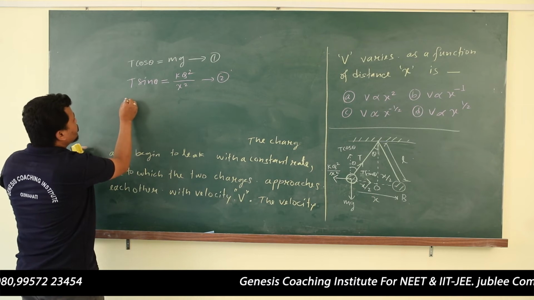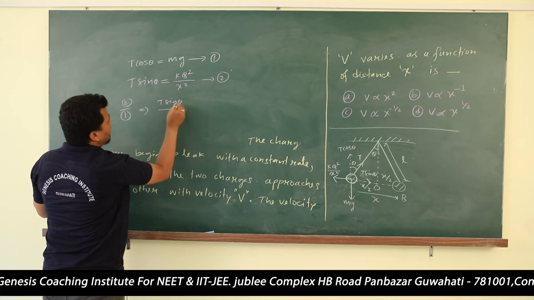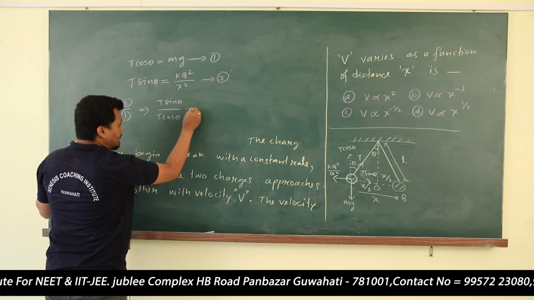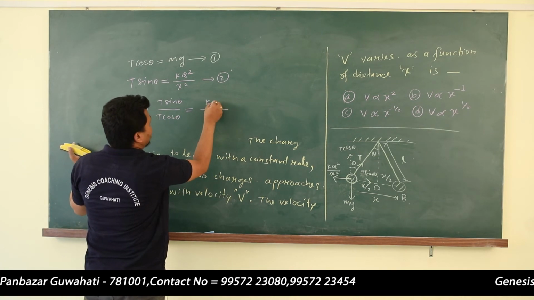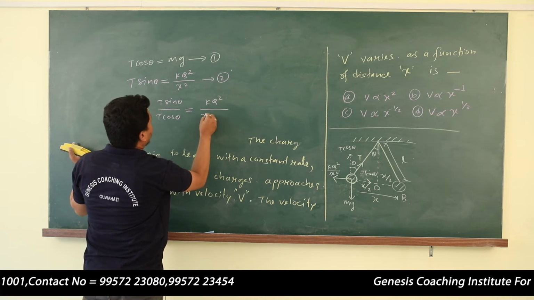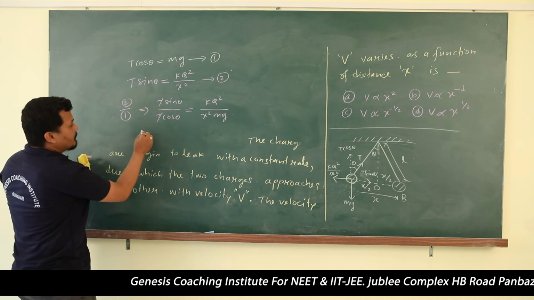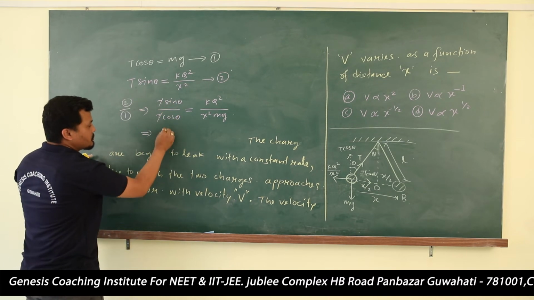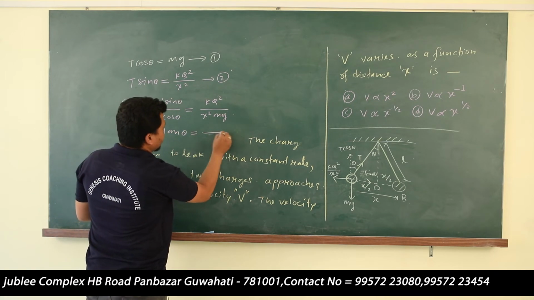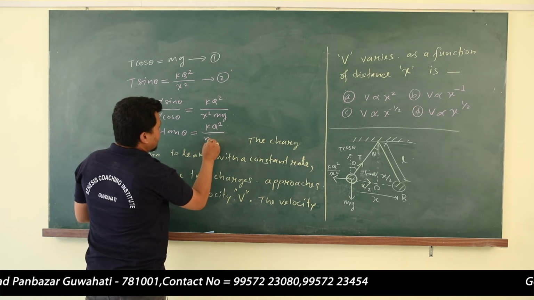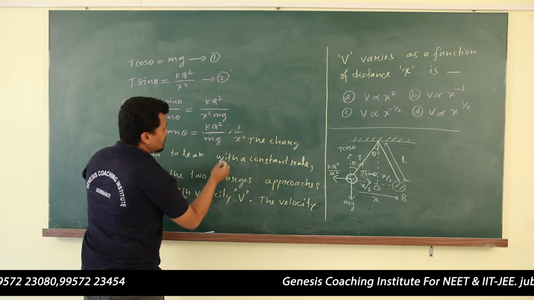Now dividing equation 2 by 1, on the left-hand side we get T sin theta by T cos theta, and on the right-hand side k q square by x square into mg. The T cancels. Sin theta by cos theta equals tan theta, so tan theta equals k q square by mg into 1 by x square.